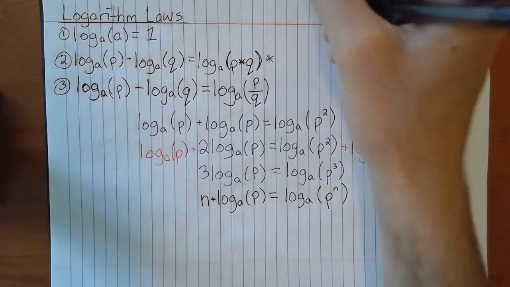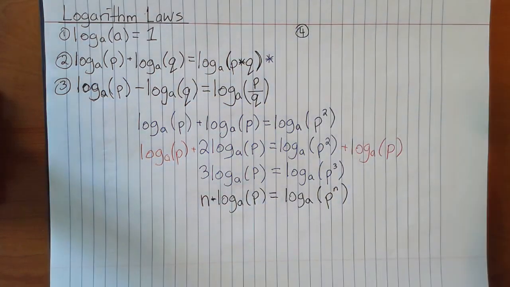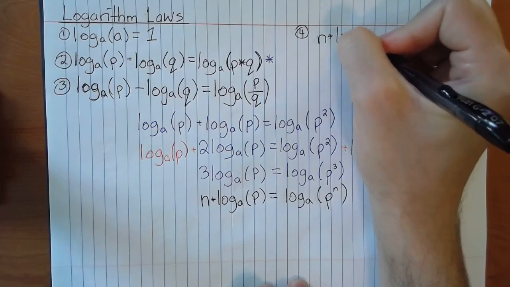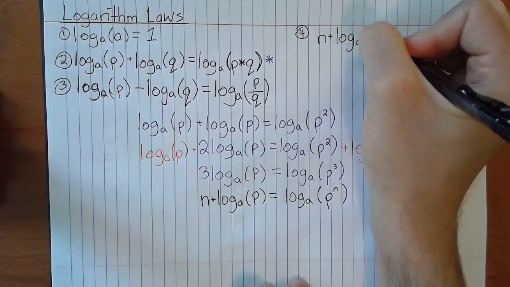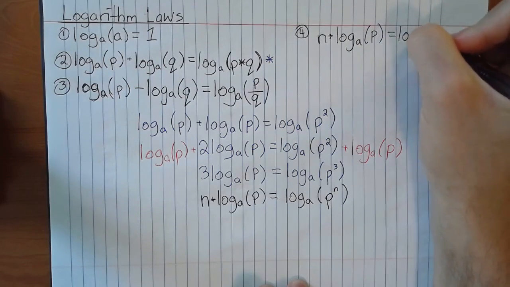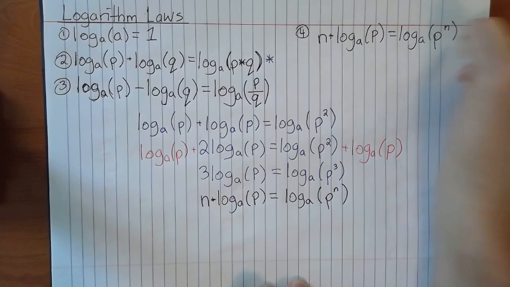And so we could even write that up here as law number 4: n times log base A of P is equal to log base A of P to the n.